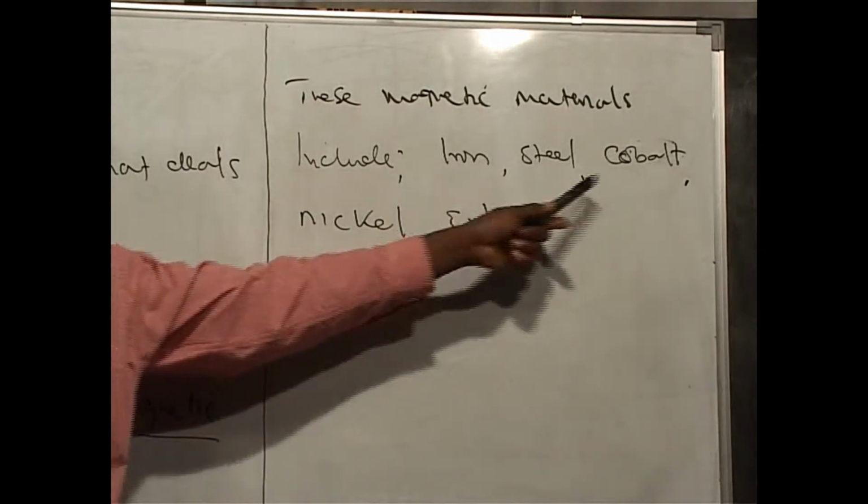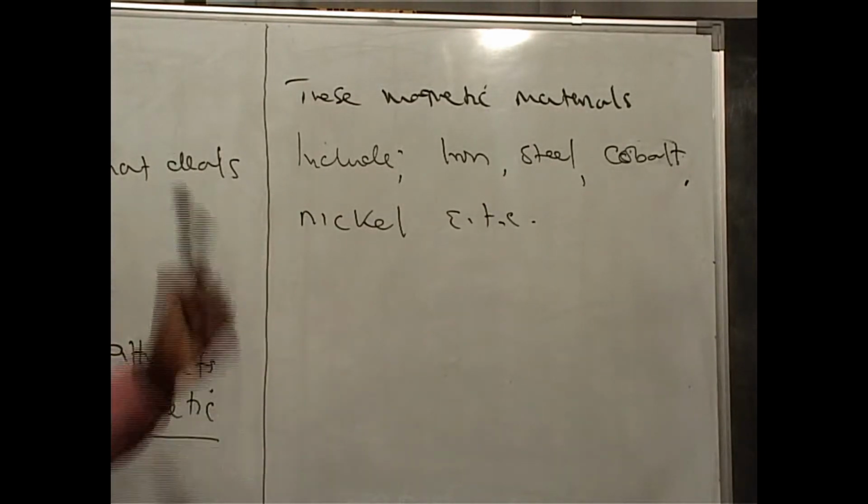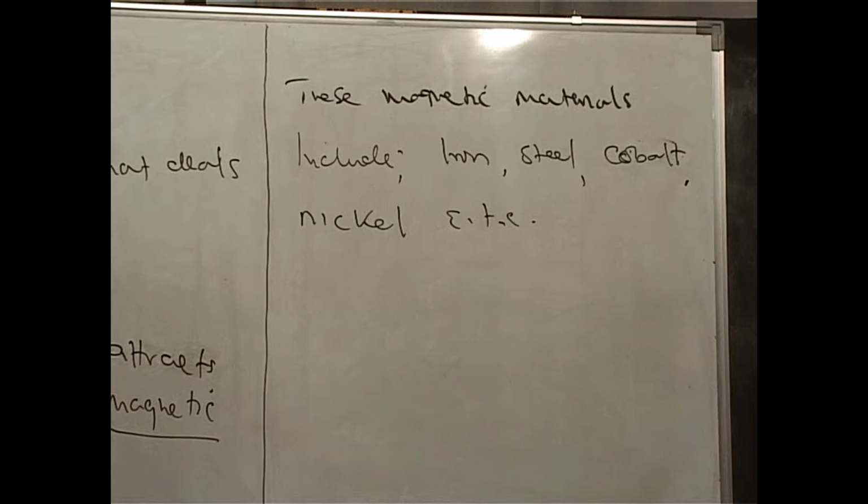We've got iron, steel, cobalt, and nickel. And these are referred to as magnetic materials.